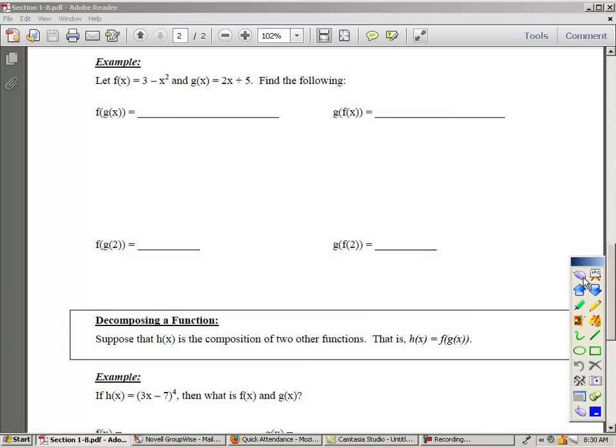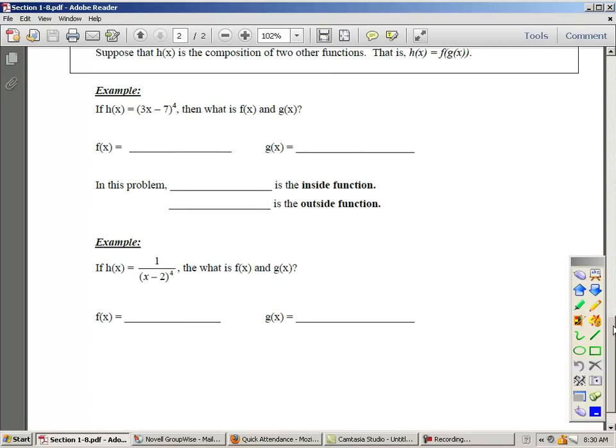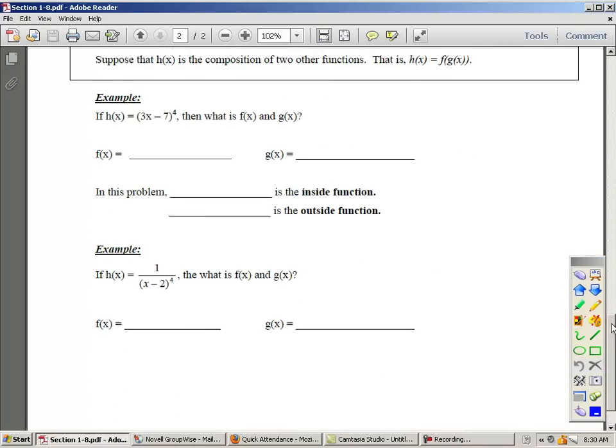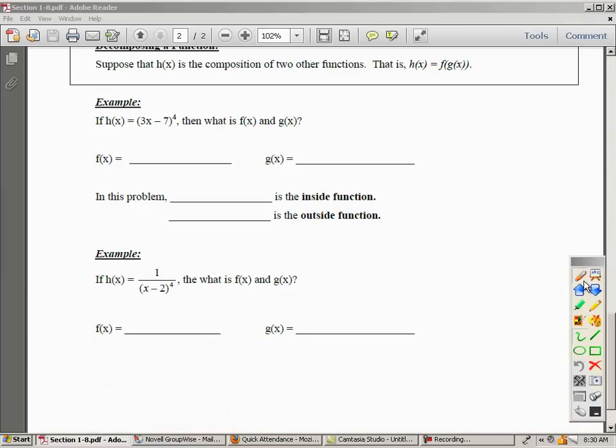The last thing we're working on is this idea of decomposing a function. In order to decompose, basically all they're asking you is what functions were you using originally to plug in. And here's how I remember it. The inside function is normally in parentheses.